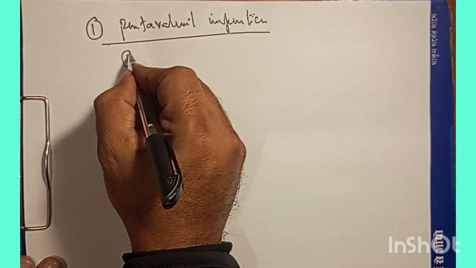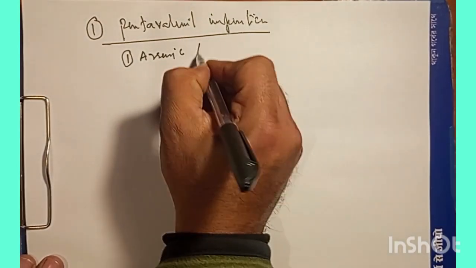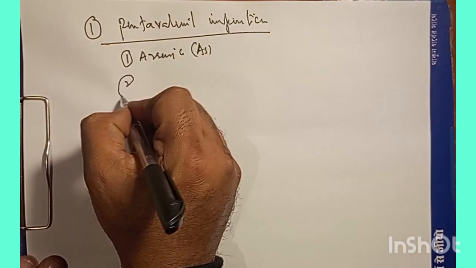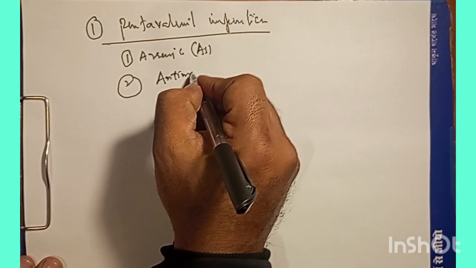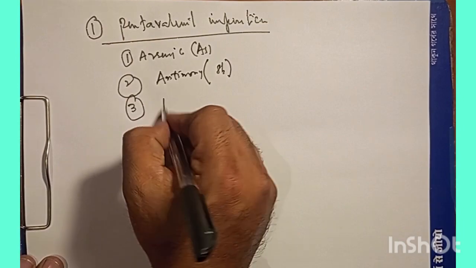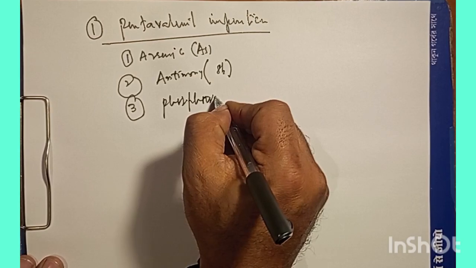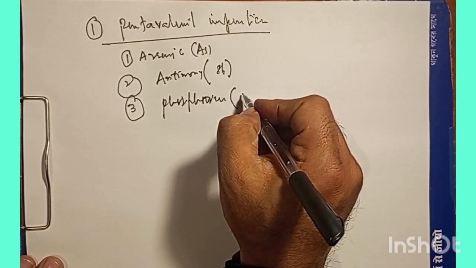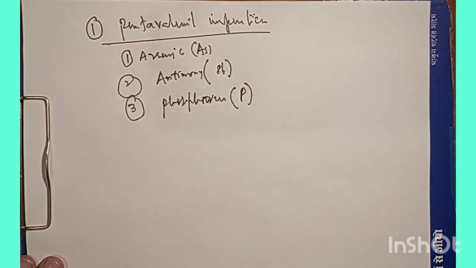The examples of these dopants are arsenic, As, then we have antimony, and then we have phosphorus. These are the examples of pentavalent dopants that we can think of using for intrinsic semiconductors.